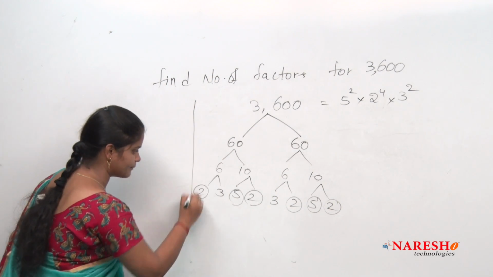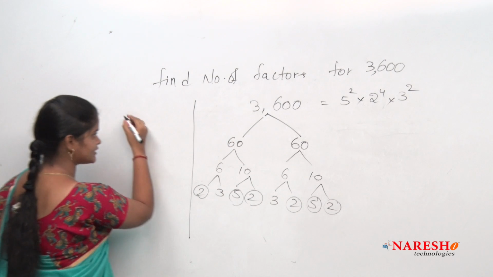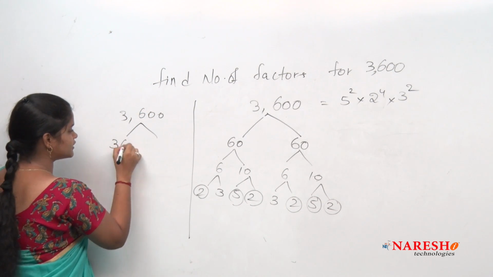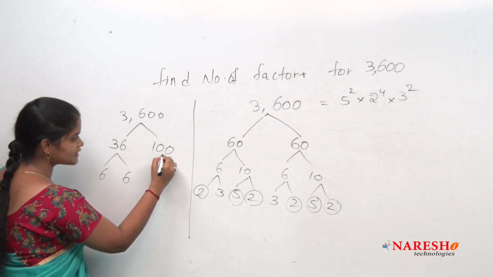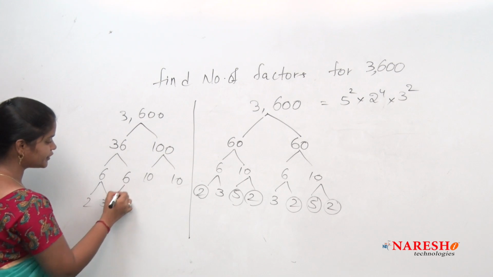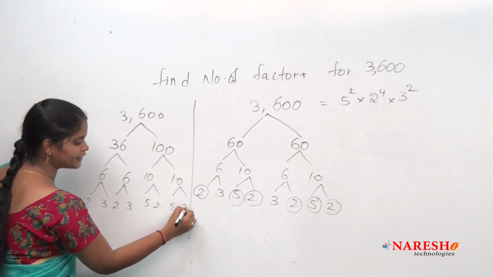For example, instead of 60 into 60, if you split 3600 as 6 into 6 and 10 into 10, these become 2 into 3, 2 into 3, 5 into 2 and 5 into 2, right?